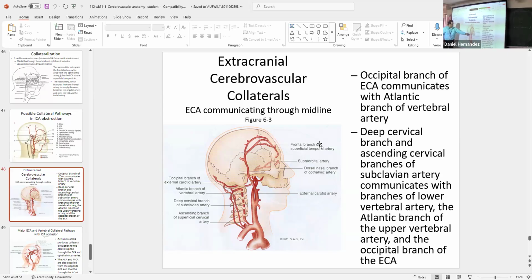That's another anastomosis or collateral pathway back there. So we can connect the branch of the ECA to that vertebral to get blood flow in cases of disease. The occipital branch of the ECA communicates with the atlantic branch of the vertebral artery, but don't worry too much. Just know we have a connection between the ECA and the vertebral artery.